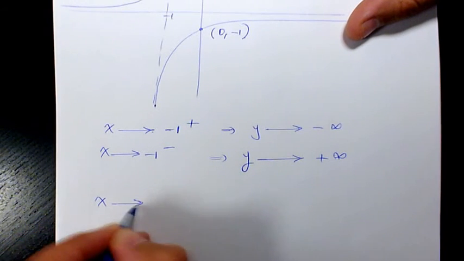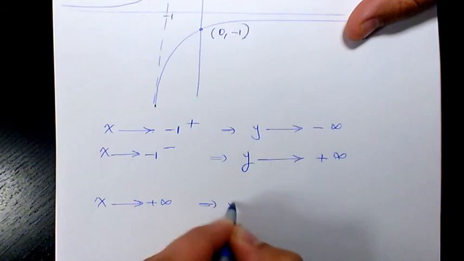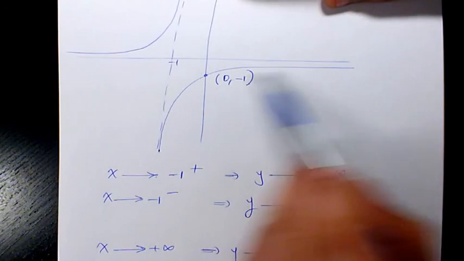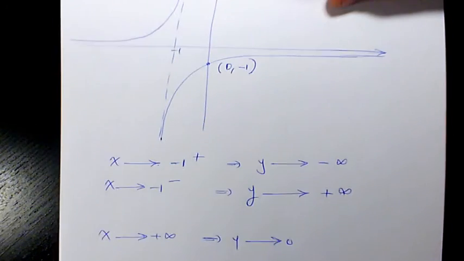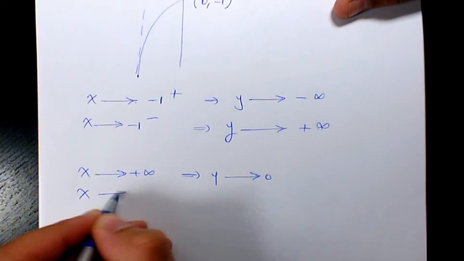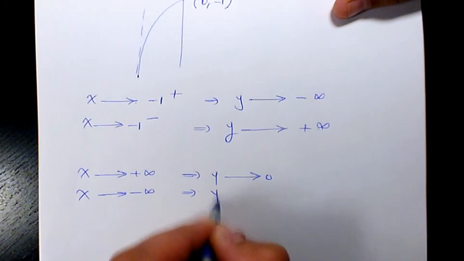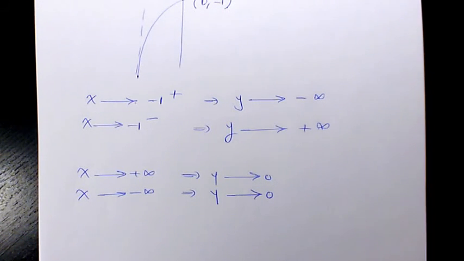When x approaches positive infinity, y approaches 0, as you see in here. This is getting closer to the x-axis. And for negative infinity, on the other side, when x approaches -infinity, y approaches 0.